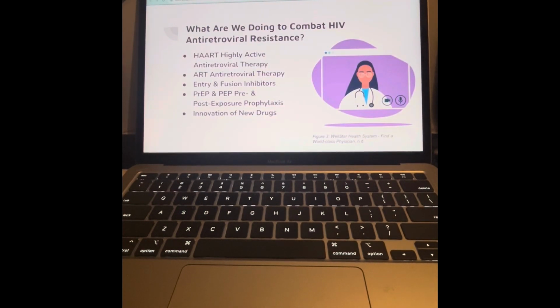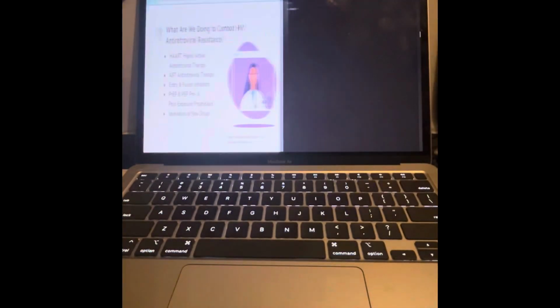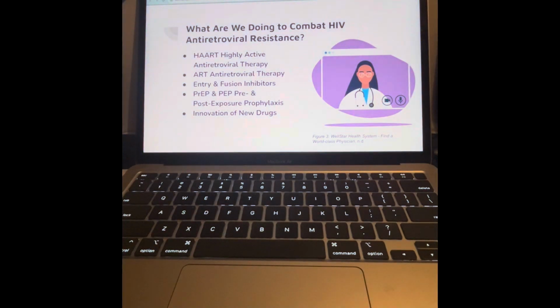The big picture question is, what are we doing to combat HIV antiretroviral resistance? HAART used to be the go-to treatment for HIV, which is highly active antiretroviral therapy and includes a combination of 3 or more antiretroviral drugs, usually of 2 or more classes.